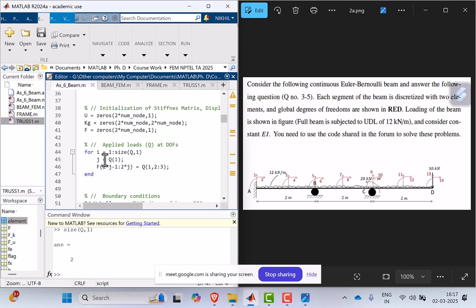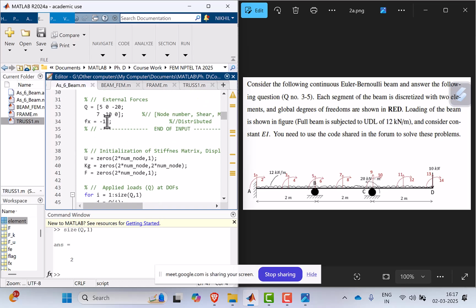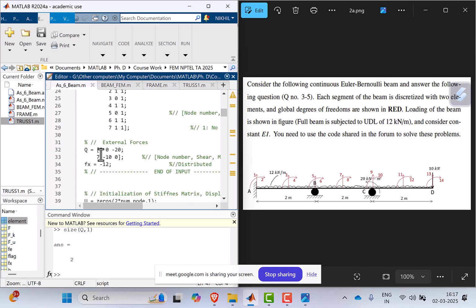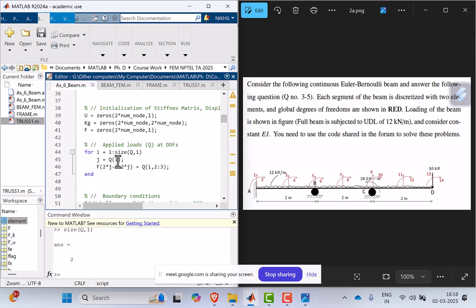Now it is initializing j as q(i, 1). The first one will be q1, so what will it give? It will give 5. So j tells at which node we have the forces. Initially when i is 1, it will give 5 as j. Since q is based on node values, we now have to distribute this on the basis of degrees of freedom, so 1 degree of freedom will have this and 1 will have that.